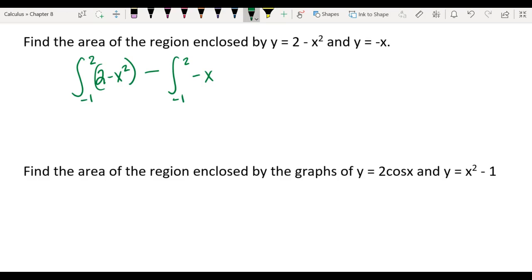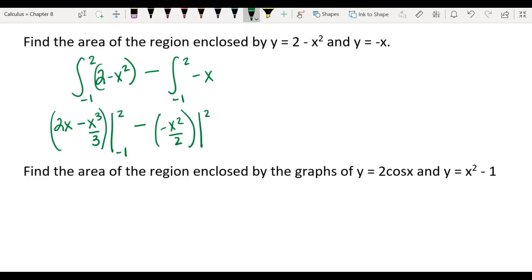So let's integrate both. For this first one, we get 2x minus x to the third over 3 from 2 to -1 minus, this would be a negative x squared over 2 from 2 to -1.